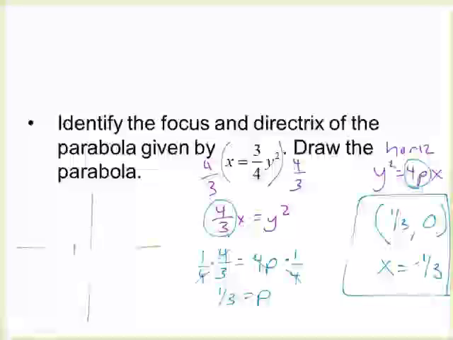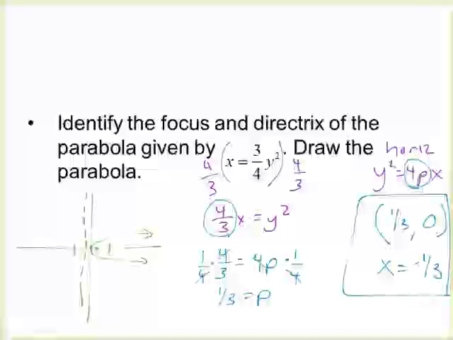So we're going to label our focus and directrix. They're each 1/3 away. And we know we're going to go through the origin. 1/3 being a small number means that this thing is going to be skinnier. The smaller that p-value, closer to 0, the skinnier it's going to be. And we had a positive p-value, so it's facing in a positive direction.